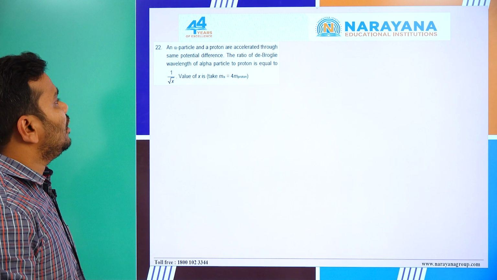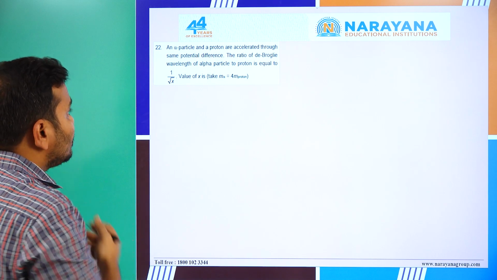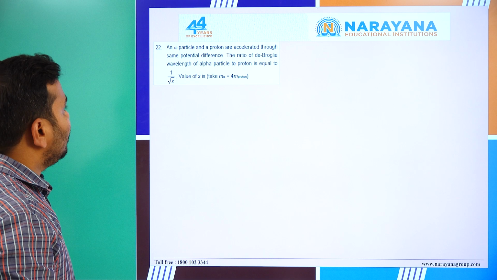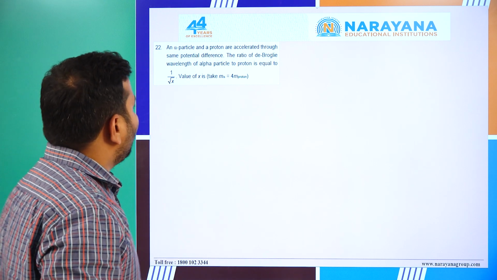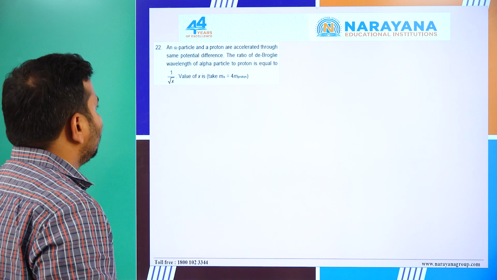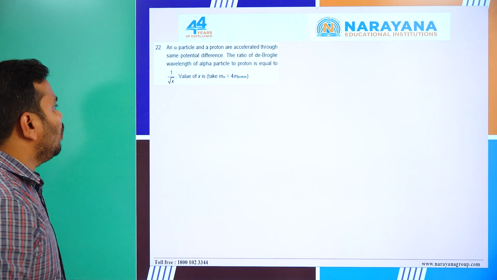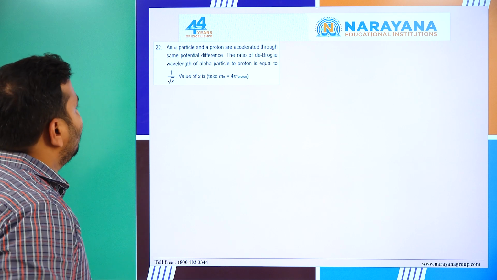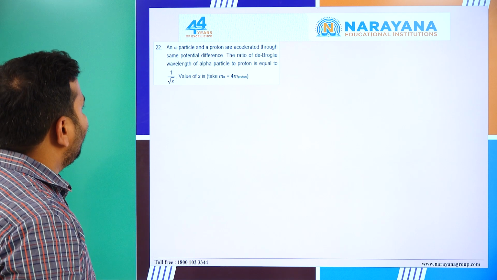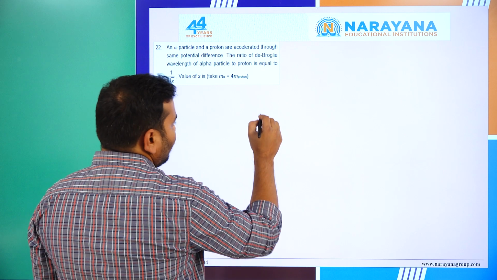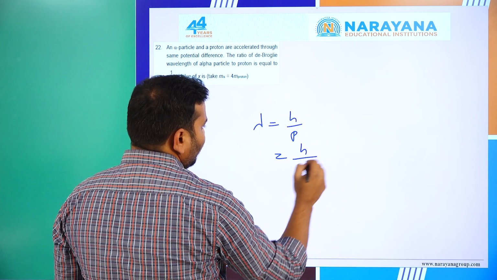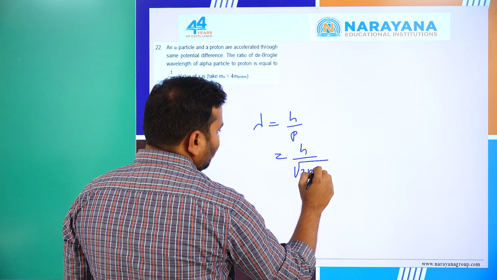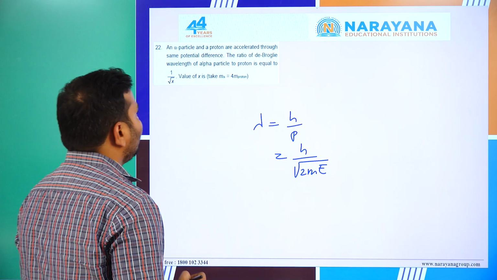An alpha particle and a proton are accelerated through the same potential. The ratio of the de Broglie wavelength of the alpha particle to the proton is equal to 1 by root x. Then what is the value of x? The de Broglie wavelength is given by lambda equal to h by p, and p is root over 2m into kinetic energy.